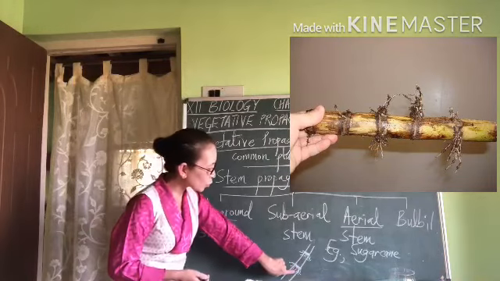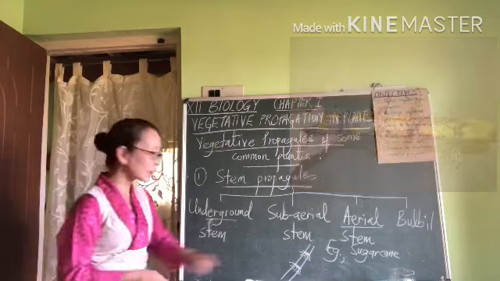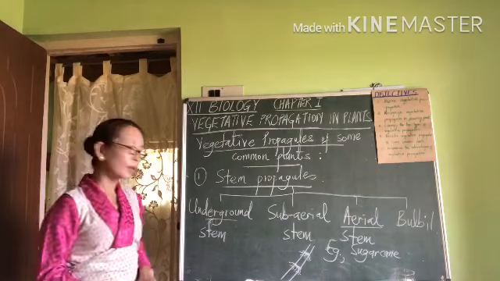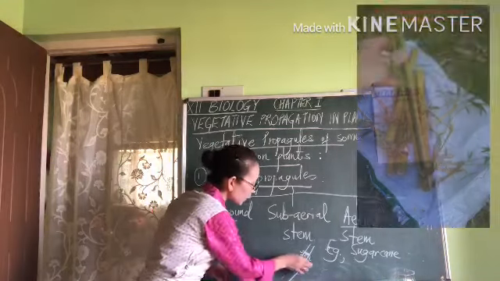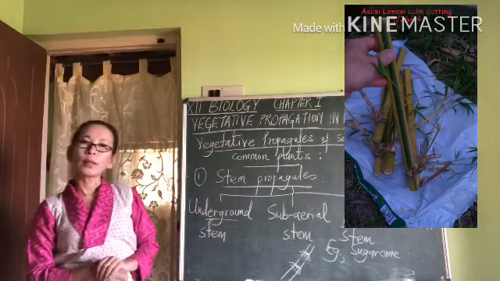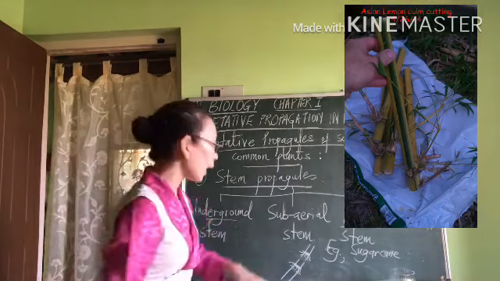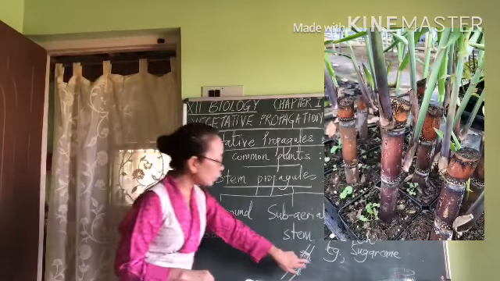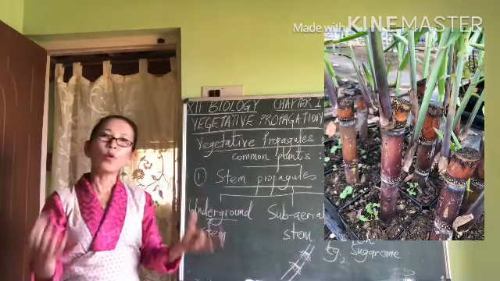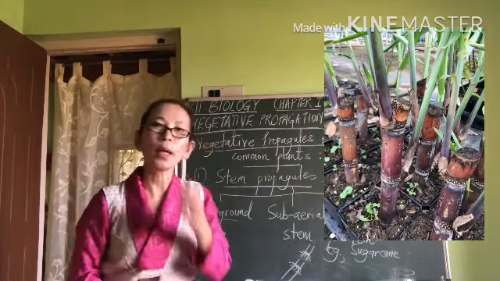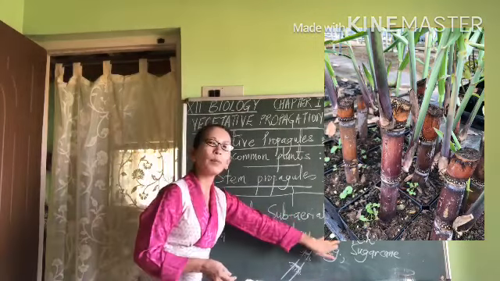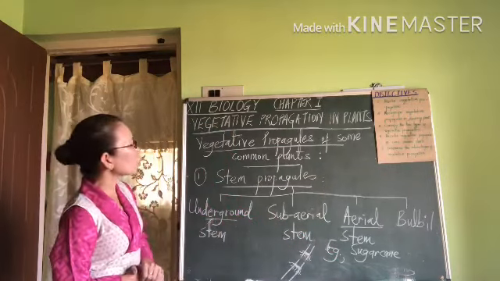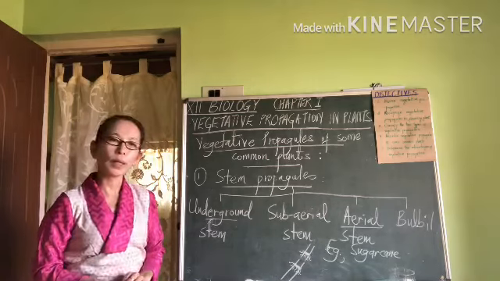So we had these adventitious roots coming out from the nodal regions of the sugarcane stem, and because of which, if you cut the sugarcane plant close to the nodes and grow them in a good soil, you are likely to get more sugarcane plants. So in some plants, the aerial stem can also be a good source of vegetative propagation, right?